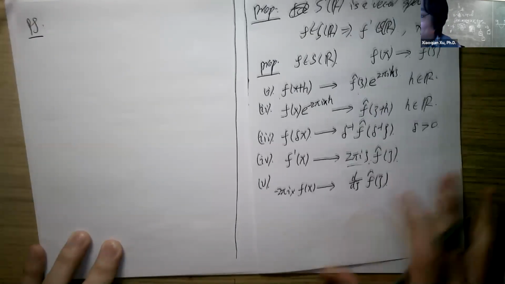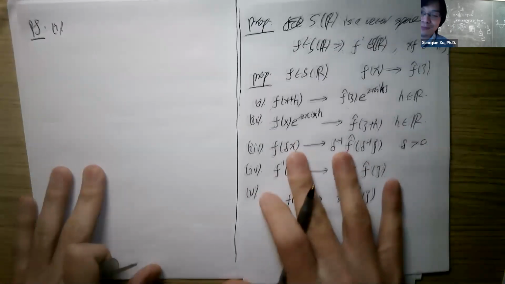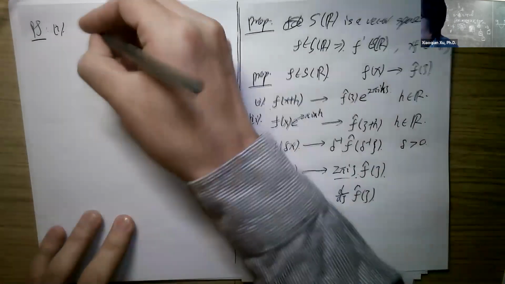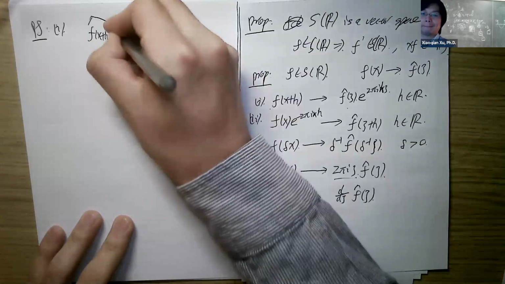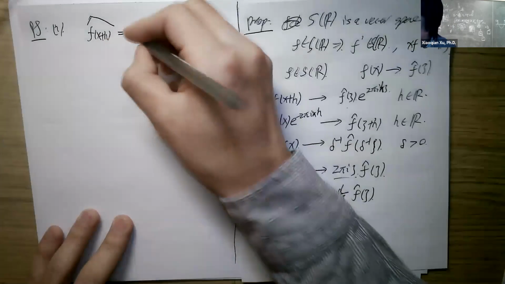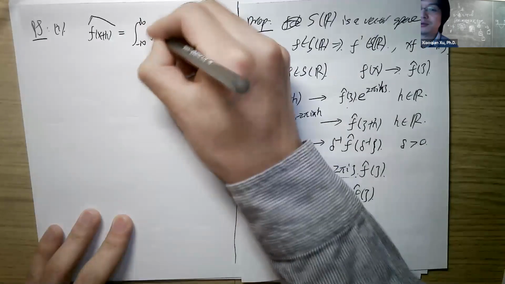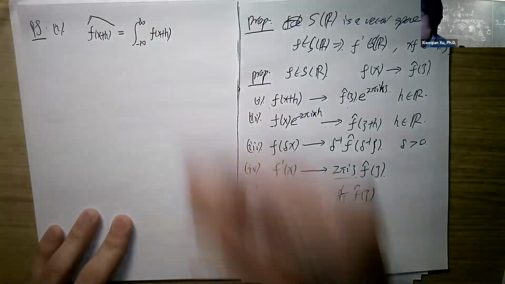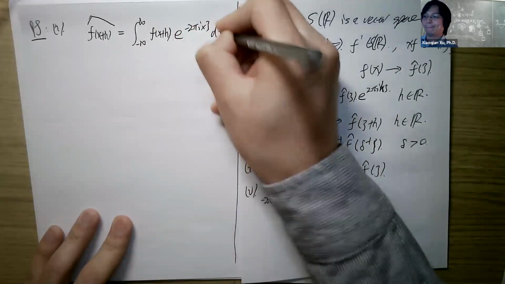So for the first one, it almost looks like some algebra problem. Okay, you have f(x plus h), you take the Fourier transform of it. Then it is the integral from minus infinity to infinity of f(x plus h) e to the minus 2 pi i x c dx.